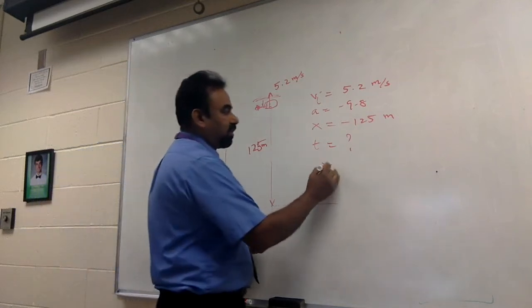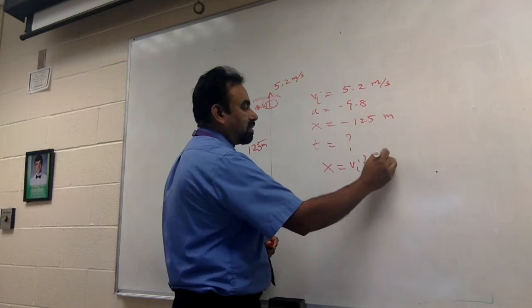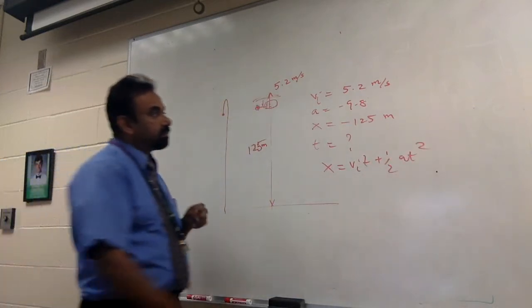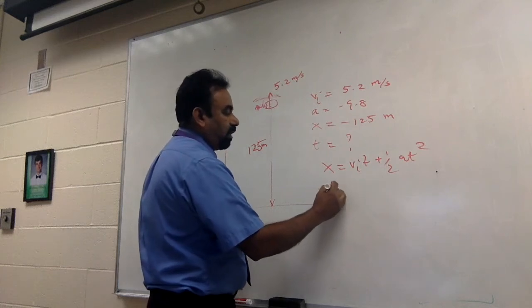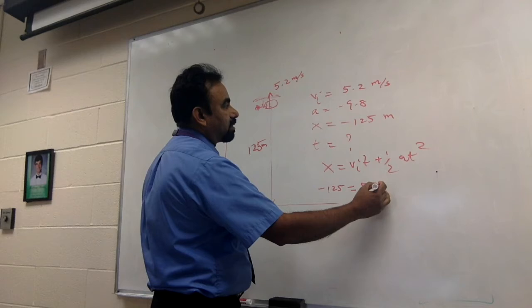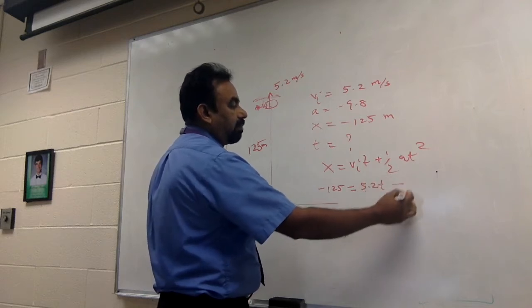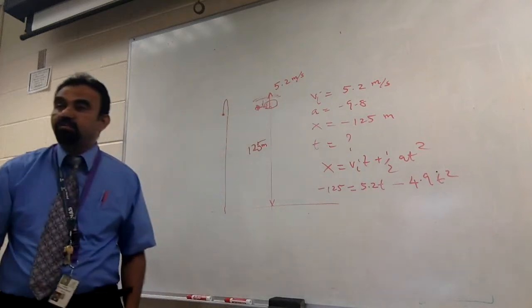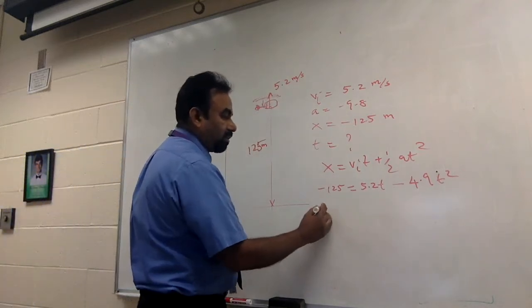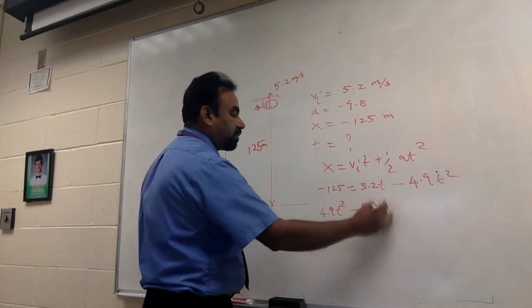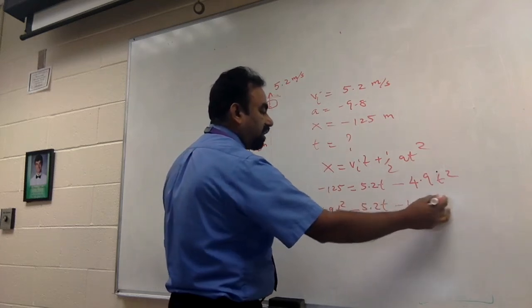So the equation of motion you're going to use is x equals Vi t plus half a t squared. Negative 125 is equal to 5.2 times t minus 4.9 t squared. And then you frame this into a quadratic format: 4.9 t squared minus 5.2 t minus 125 equals 0.